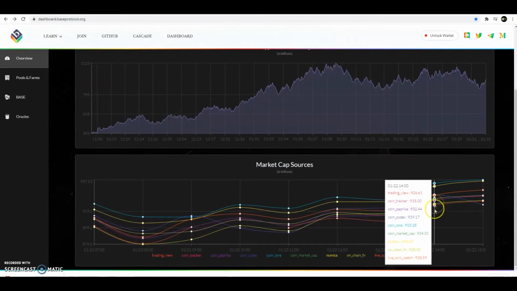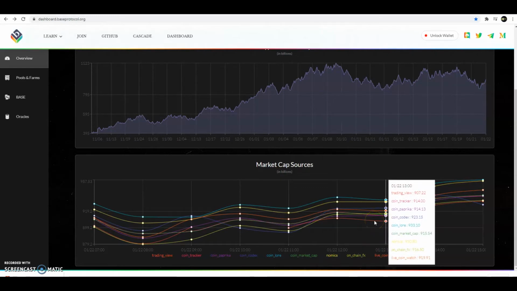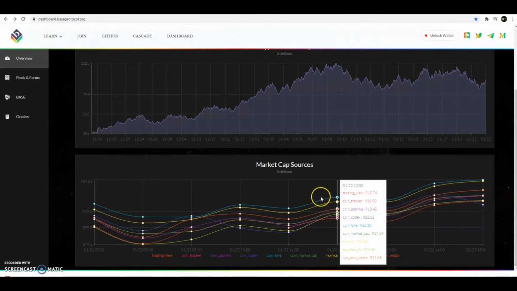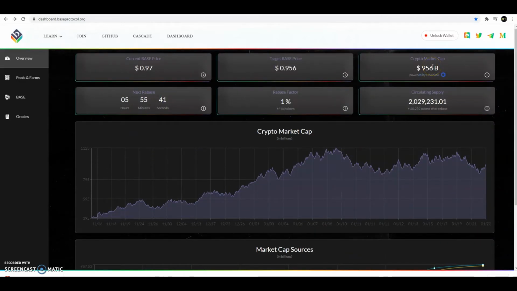We've got 2, 4, 6, 8, 9 of them here, and there's a low probability of all of them being out of sync. So if one of them was to go crazy, this would average it out, which means that we will still have a very similar market cap to what it's meant to be.